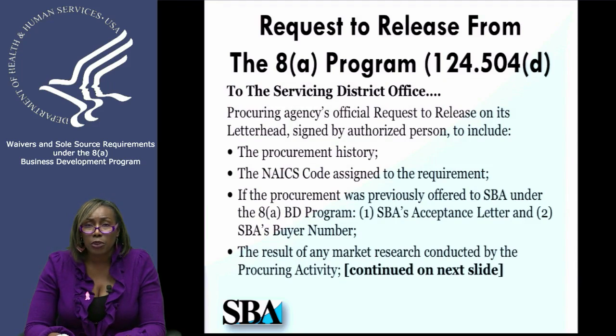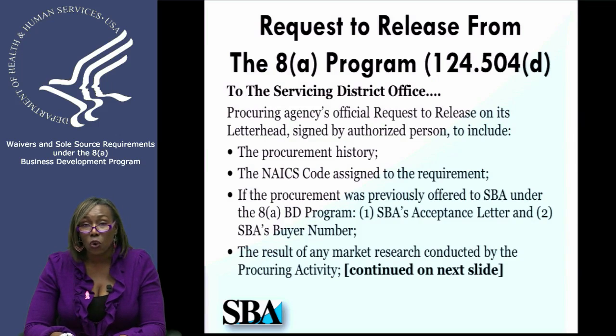If the procurement was previously offered to SBA under the 8(a) BD program, I need the acceptance letter and the SBA's buy number. I know you'll say, well, you put 'if', because sometimes the procurement may not have been offered and you think it has been.